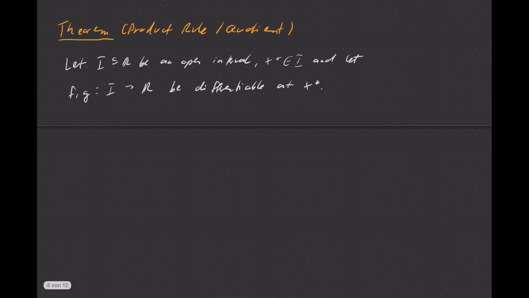Then the two rules are, first, the product of f and g. The function f times g is again differentiable. So that's the product rule.